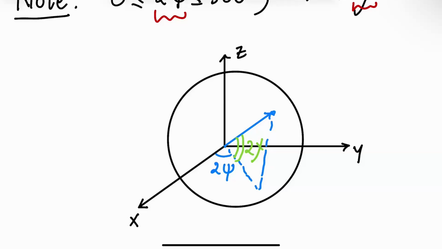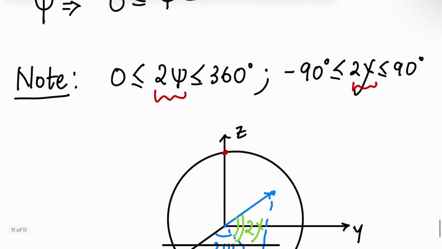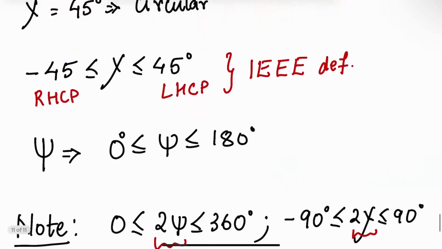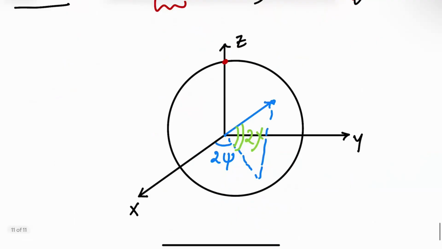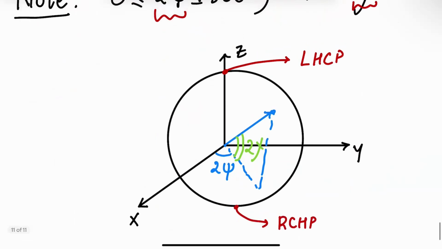On the North Pole, chi is, say, 45 degrees, which means 2 chi is 90 degrees, and that corresponds to LHCP. Then the South Pole would be RHCP.